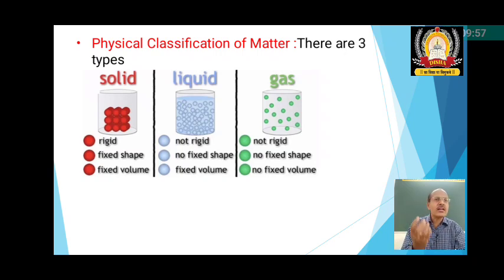If the substance already exists in the gaseous state at room temperature, then it is called gas. We call it vapors only when that substance exists in the form of liquid at room temperature. So, this is about the physical classification of matter.